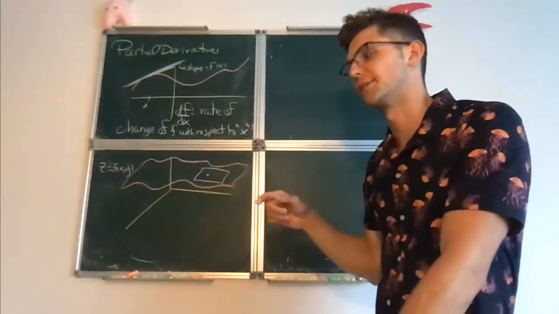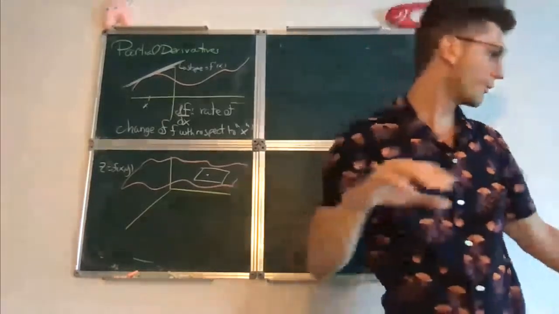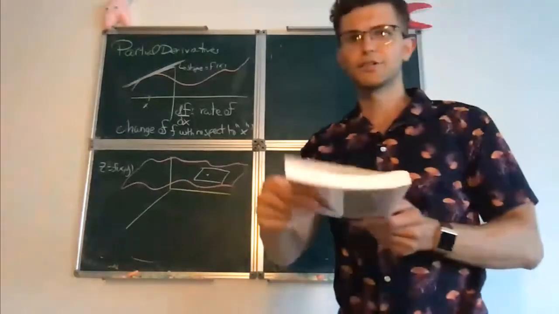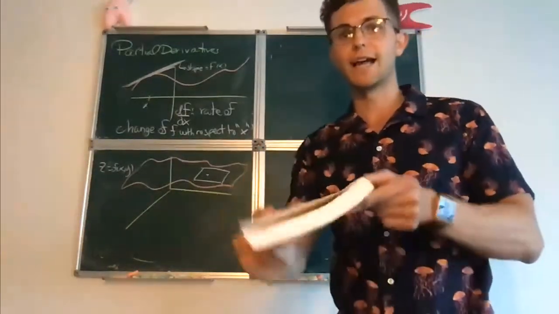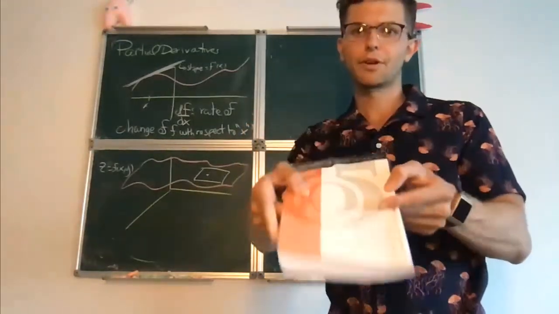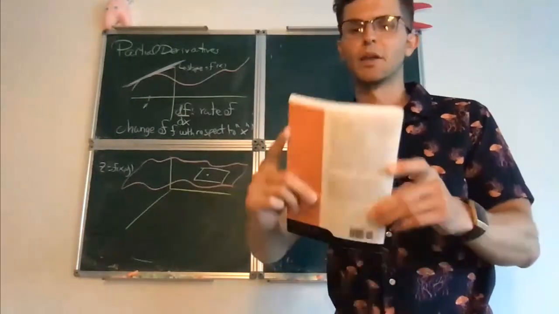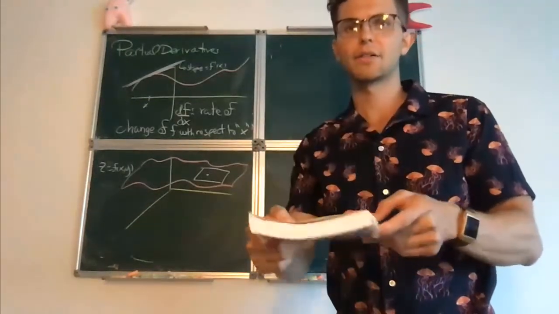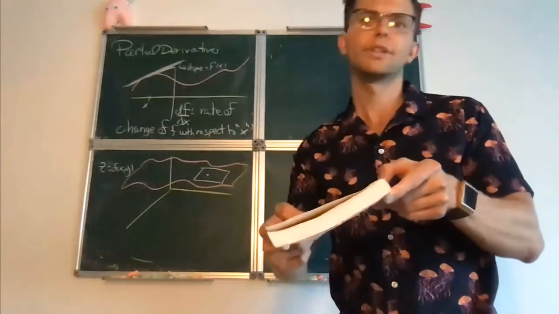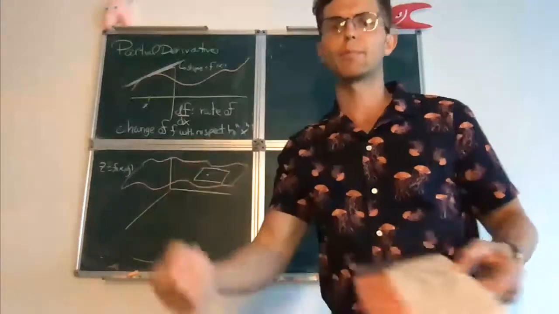Now, for a plane, there are like two versions of being tilted. You can be tilted with respect to the x-axis, like this, but you can also be tilted with respect to the y-axis, for example. And so that means that there are two versions of tiltedness, and those are being described by the partial derivatives.